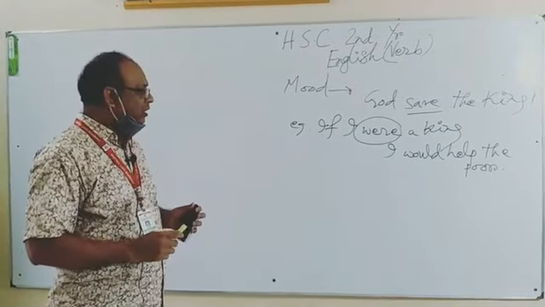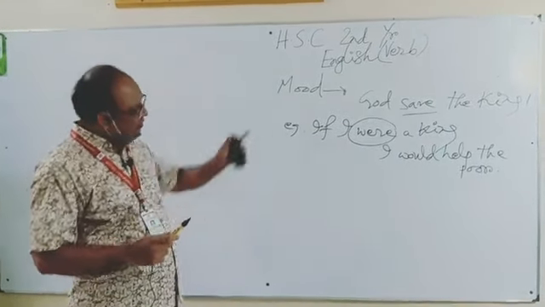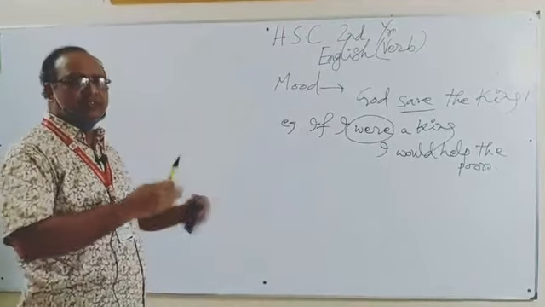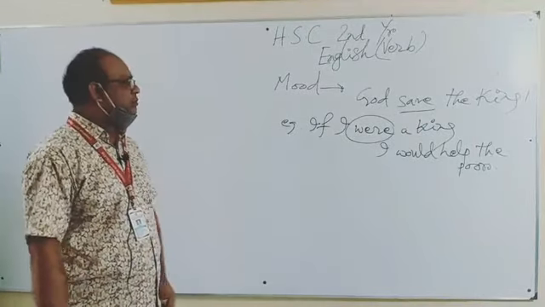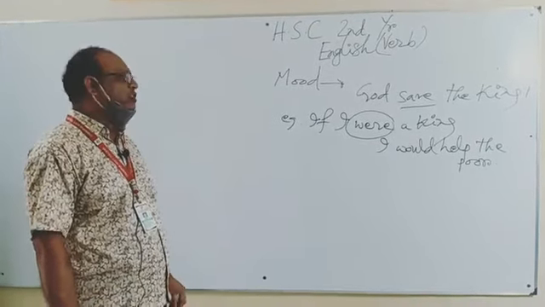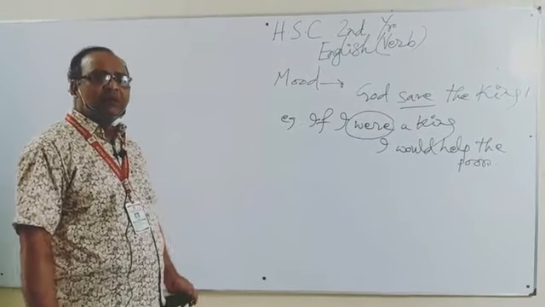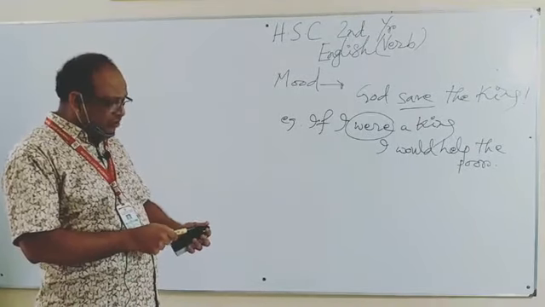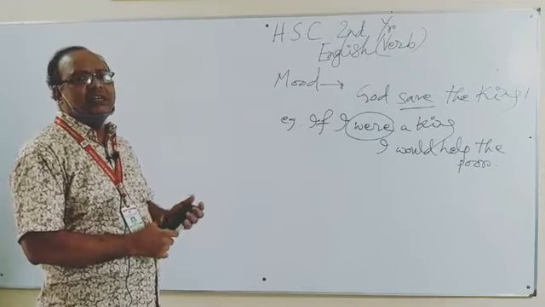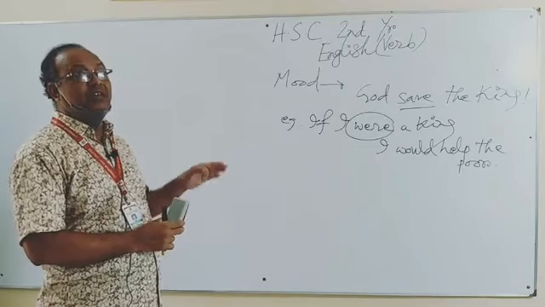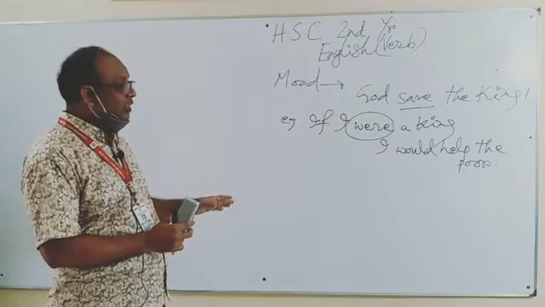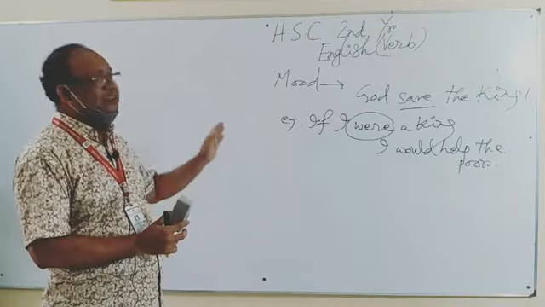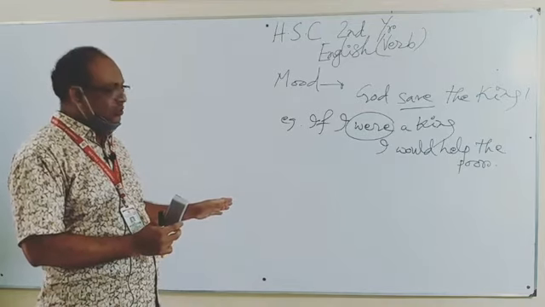We also say, God save the king. In another way, may. Sometimes we use may also to express subjunctive mood. May God save you. May Allah bless you. So these kinds of sentences are in the subjunctive mood. So when you try to understand verb, you will have to understand these three kinds of moods.